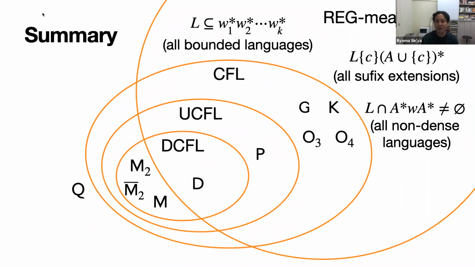By definition, every bounded language of this form is regular measurable, because this language is regular and it gives a good approximation from above, and it is null. Okay. And in this talk, we introduced the language M2 bar, which is actually a DCFL, deterministic context free, but has some complex properties like the set of primitive words. Density 1, but the inner measure is 0. Okay.